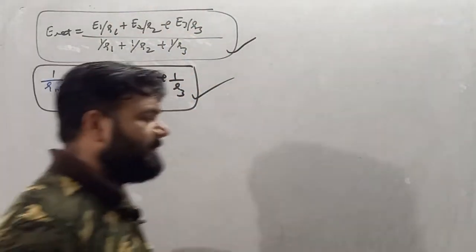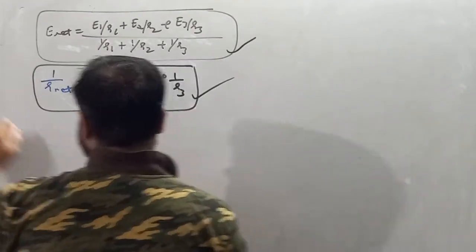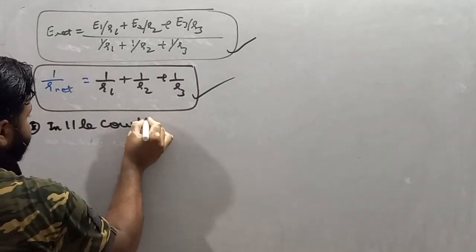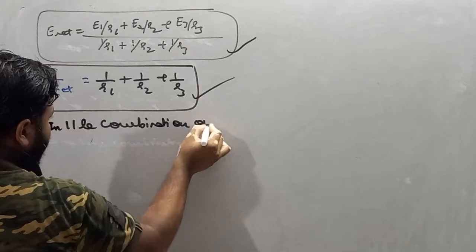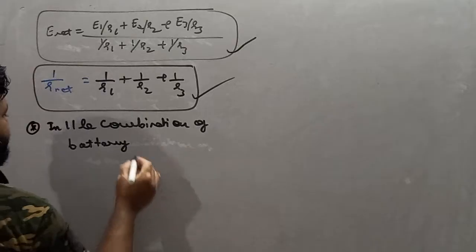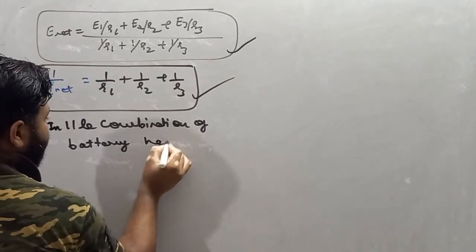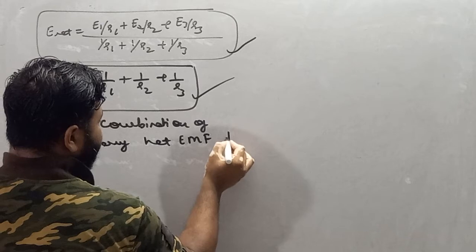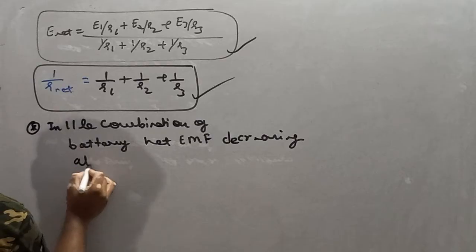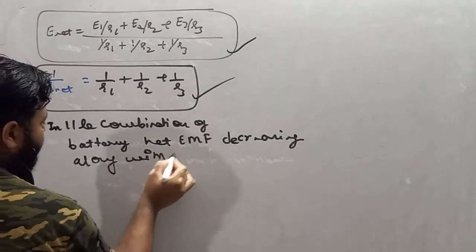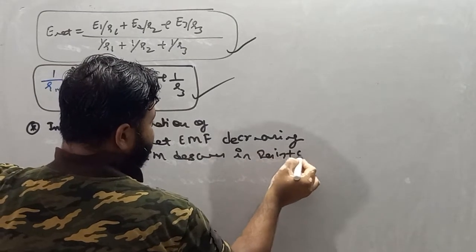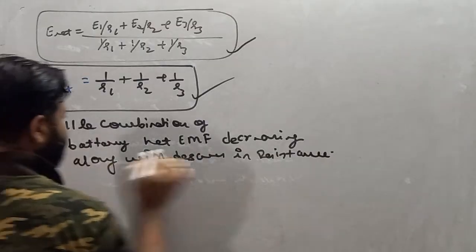So write down: in parallel combination of batteries, net EMF decreases along with a decrease in resistance.